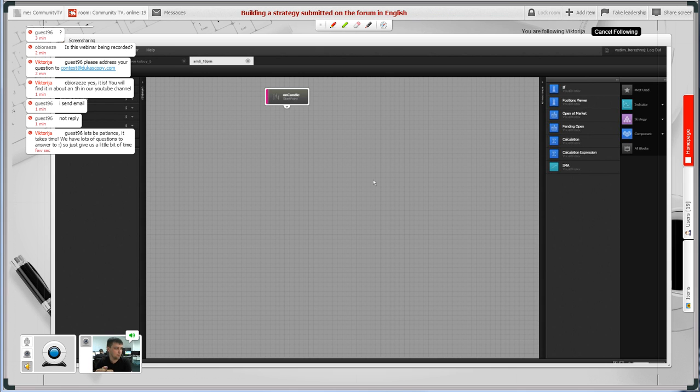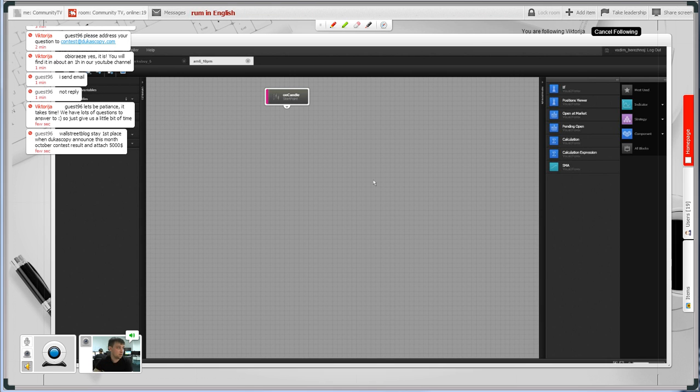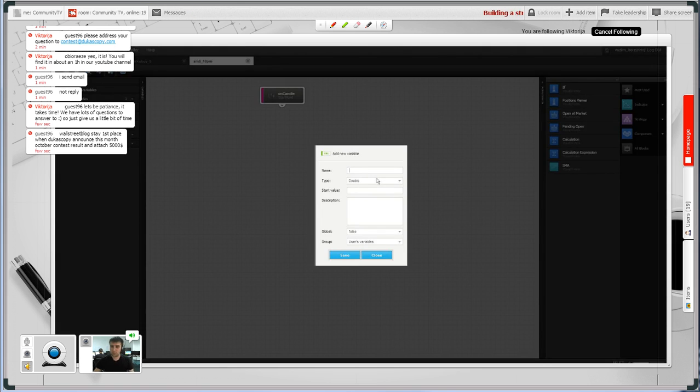At 10 p.m. it will stop the strategy, close all the orders, and stop trading at night. Let's go to creating the variable. It would be boolean, from the start it would be false, and it would be local.